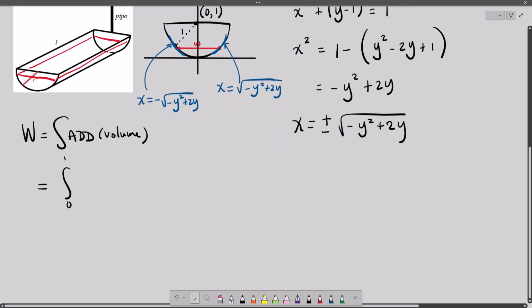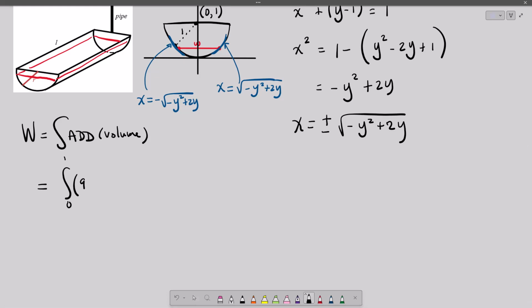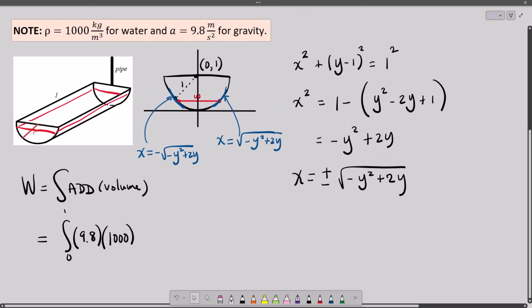All right, so now we have our ADD volume. A, acceleration due to gravity, 9.8. It's a constant. D, density. We're dealing with water. Density is constant with a density of 1,000. Now, distance traveled. Okay.